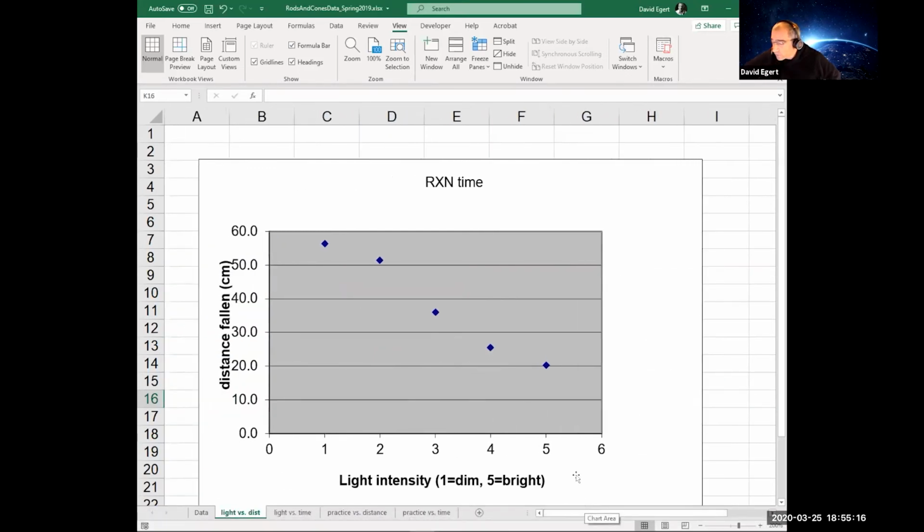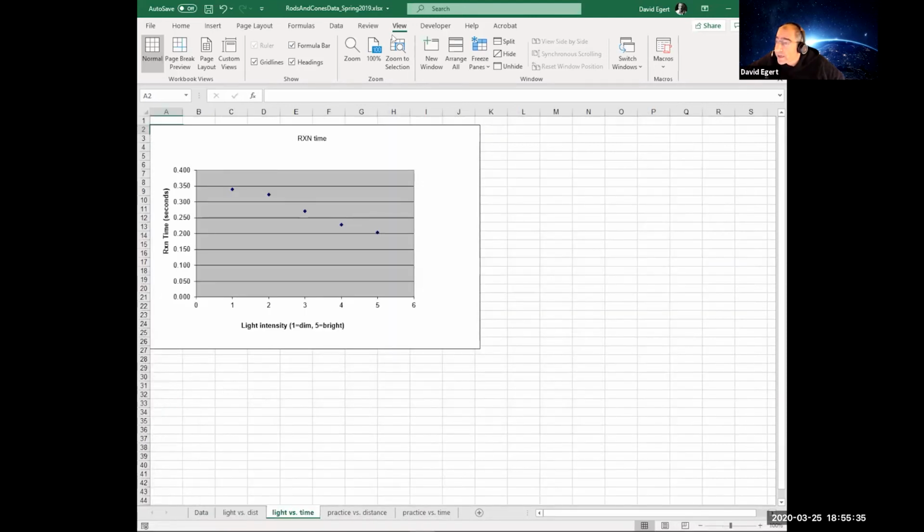This is what happened when you looked at light intensity versus the distance fallen in centimeters. And then I just did the little equation, calculating the time that's related to the distance fallen, so I can do light versus time. We can look at that here.